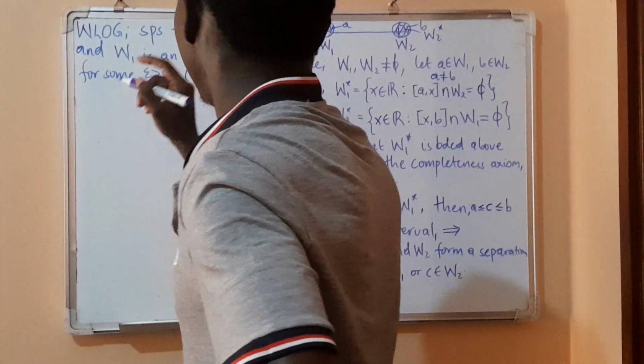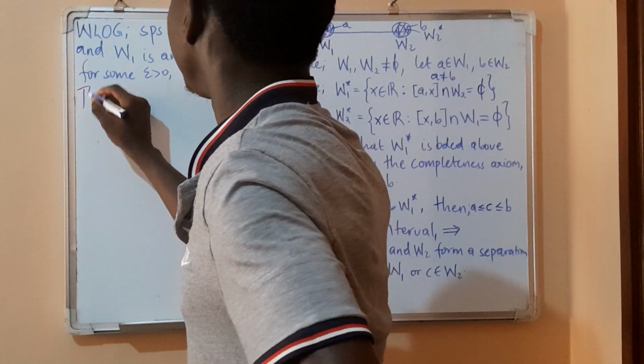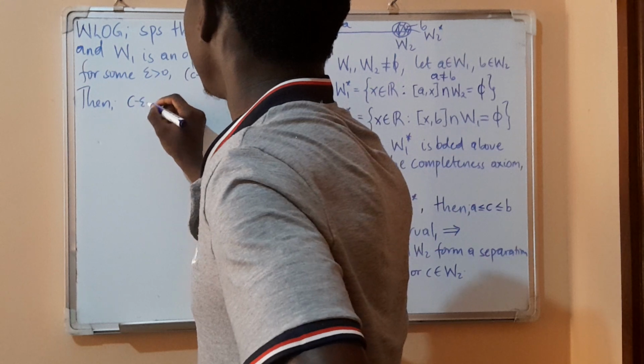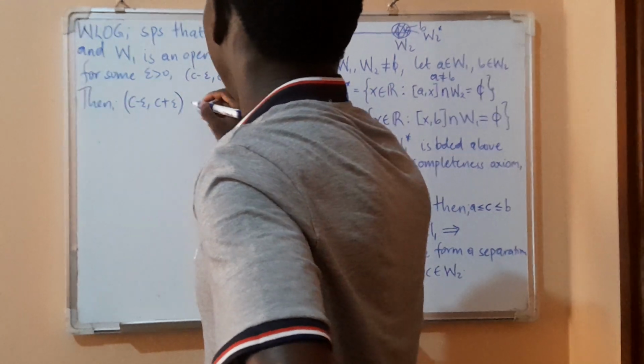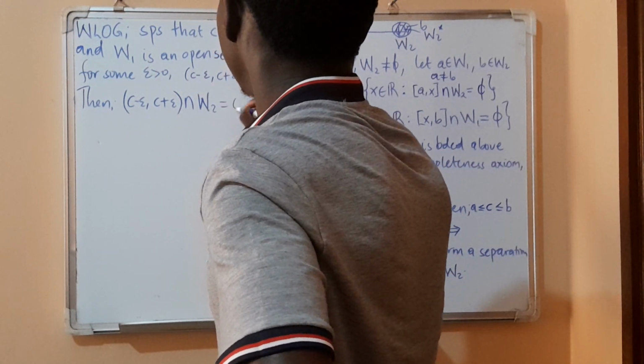Then remember, W1 and W2 do not meet. Then C minus epsilon, C plus epsilon, intersection with W2 is an empty set.